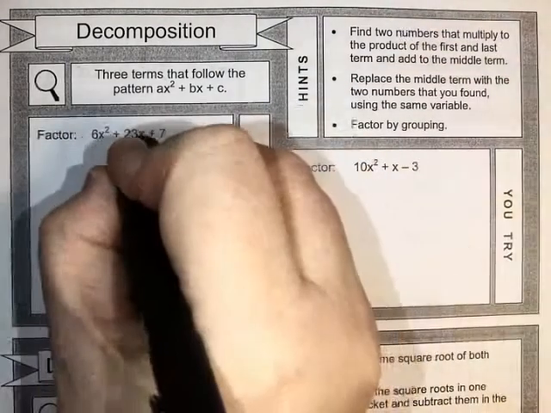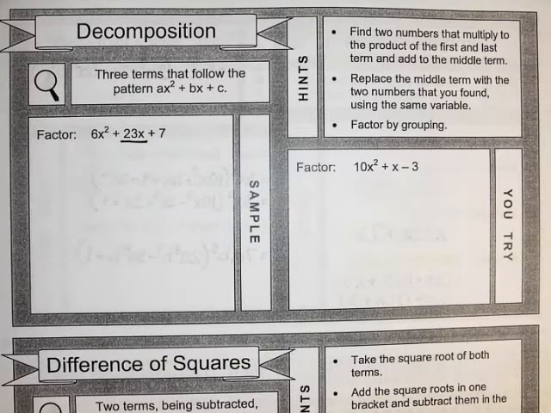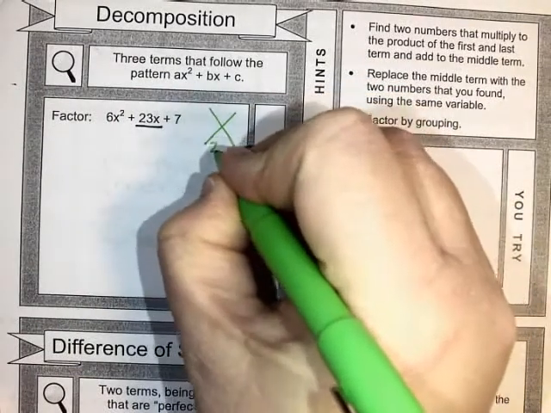We do that by taking that middle term and trying to figure out what the two like terms were that we added together in order to get that middle term. So I'm going to look at the number 23, and I want to find two numbers that add to 23x.